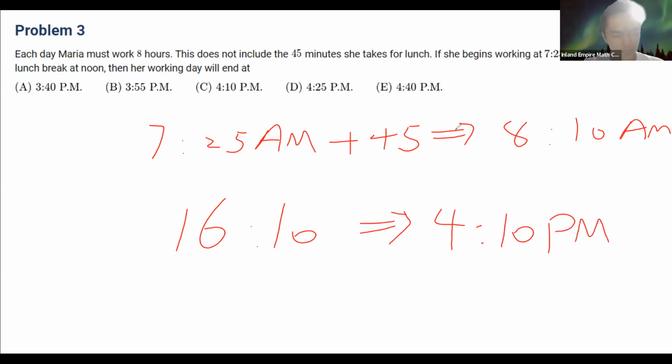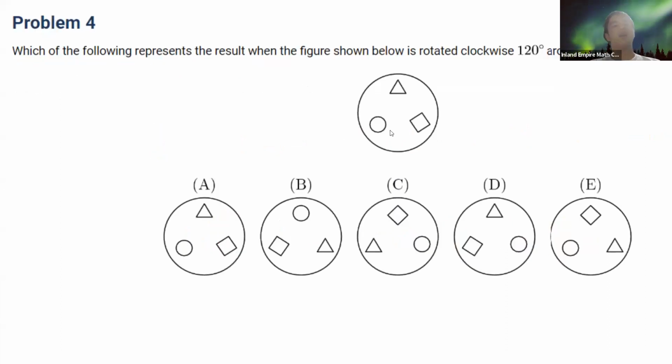Because since AM and PM are each 12 hours, 16:10 will be 4 hours and 10 minutes past the mark of noon. So it'd be 4:10 p.m. Does that make sense? Are there any questions on this? Alrighty. These are all really easy, straightforward warm-up questions.